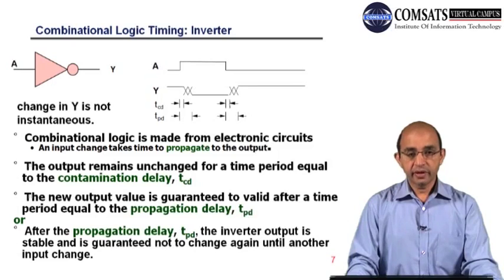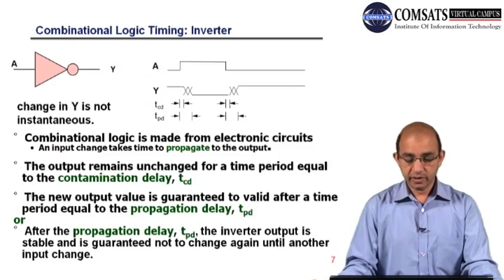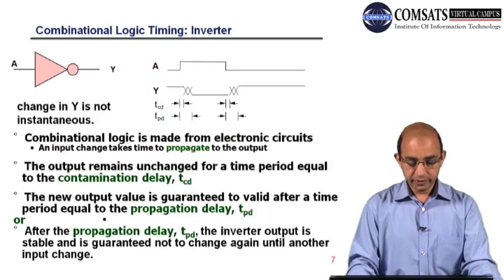We normally construct those different logic gates, like AND and NOT, from electronic components. These delays are the effect of those different components. This is almost the same: the output remains unchanged for a time period equal to the contamination delay.